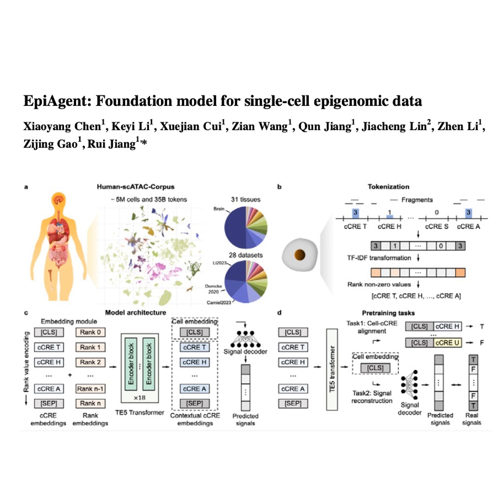Right. But if a cCRE is only accessible in, say, one very specific type of neuron, its TF-IDF score is high. It's distinctive. EpiAgent then ranks the accessible cCREs for that cell in descending order based on this uniqueness score. Ah, I see. So the cell sentence starts with the most functionally important, most defining regulatory elements for that specific cell, relative to everything else in the huge training set.